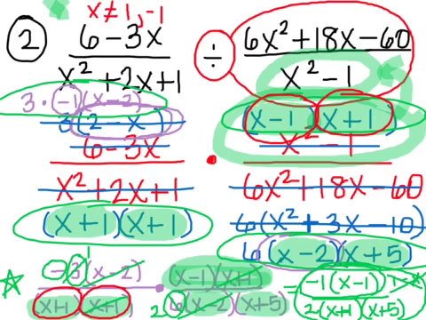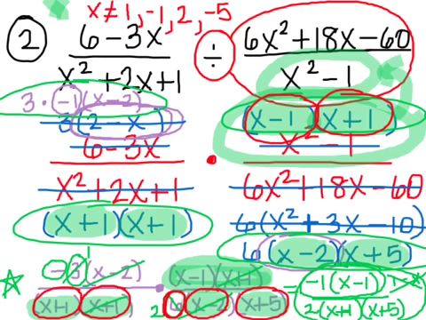This one would be -1, we don't have to write it again. This one would be, if x is 2, that would become a 0. And this one, if x was -5, that would cause that factor to equal 0, which would cause the denominator to equal 0.